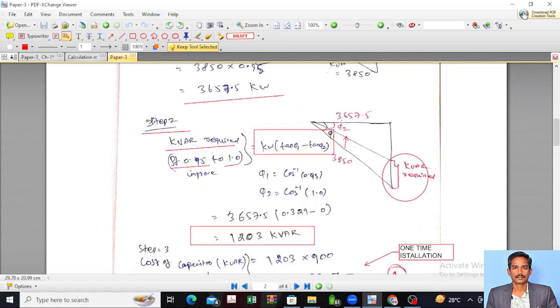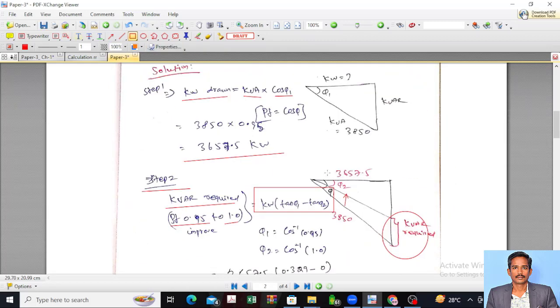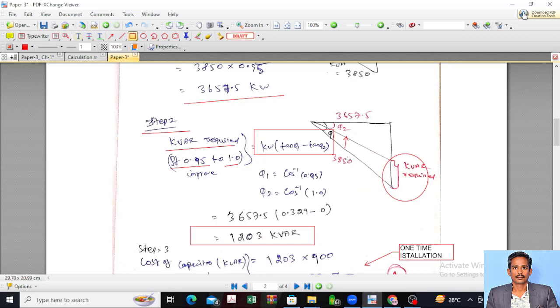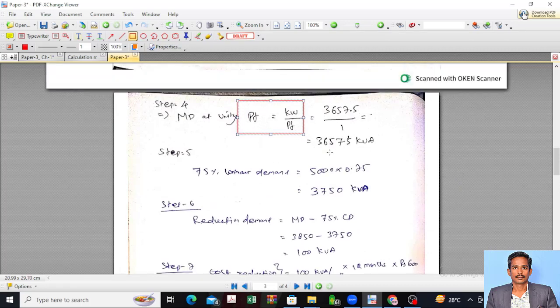The formula is 3657.5 kilowatt divided by power factor 1. kVA equals kilowatt divided by power factor, cos phi. Then you get 3657.5 kVA.